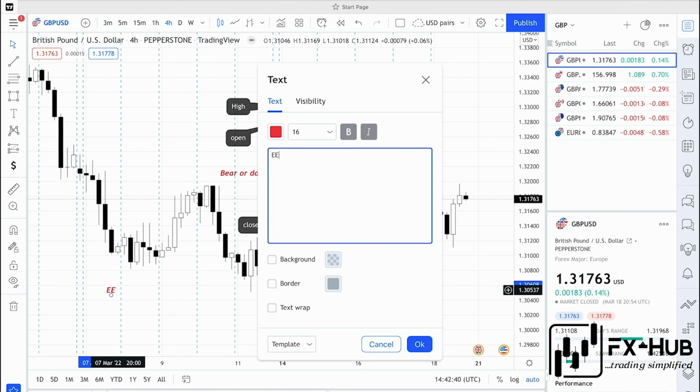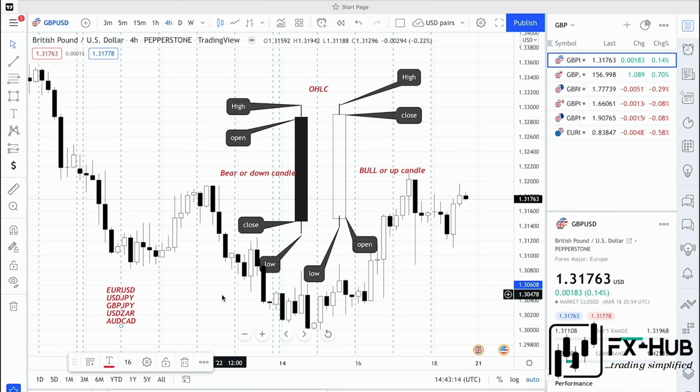Okay, let me say Euro USD. Let me say USD JPY. Let me say something like GBP JPY. Let me say something like USD ZAR, and let me also say AUD CAD. So now you take a look at this. Let me write out something else here.